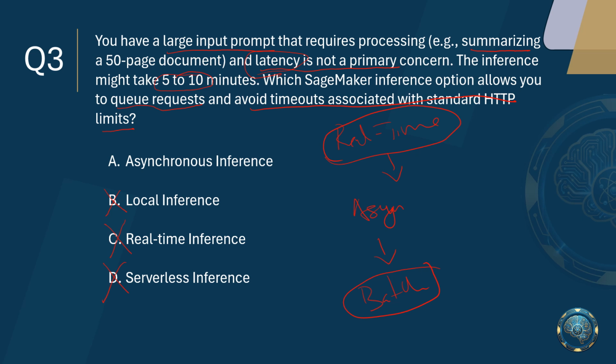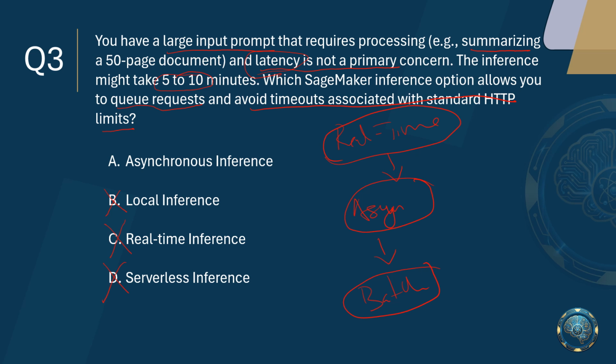But you're still connected online, all connected, but it takes time. So async is all about you being connected, your request is queued, and it takes time to process and provide you a result. This is what async is all about.